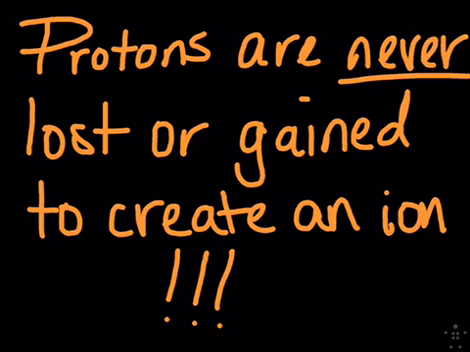If we gain a proton, we become a different element altogether. For instance, if sodium gained a proton, it would become magnesium, no longer sodium, which means we're a total different atom. But ions are still the same element, but they have just gained an electric charge. So never lose or gain protons to create an ion. It's always loss or gain of electrons.